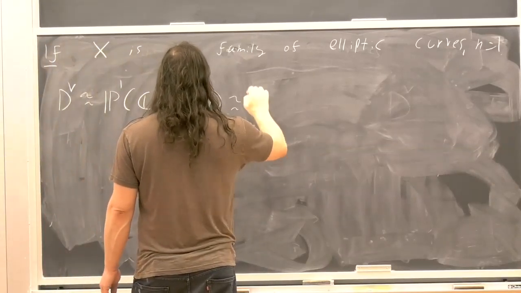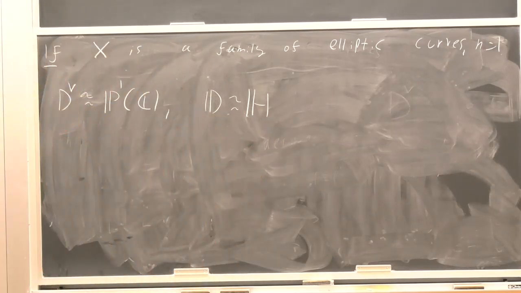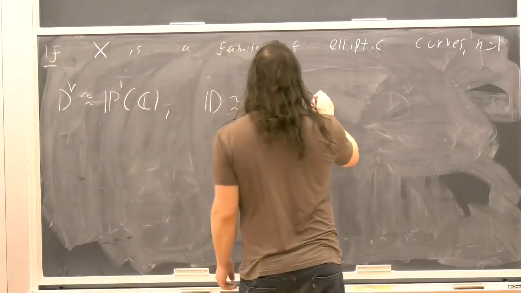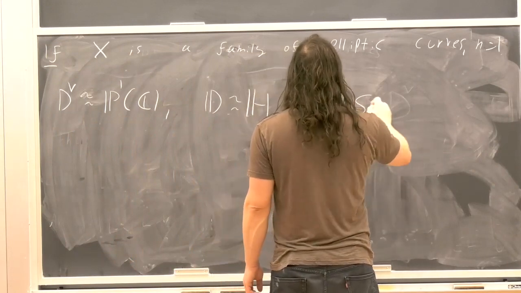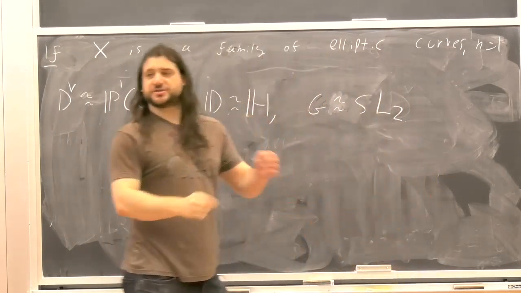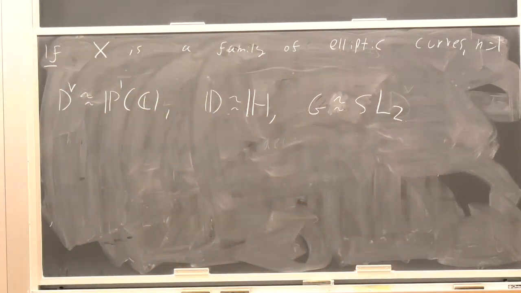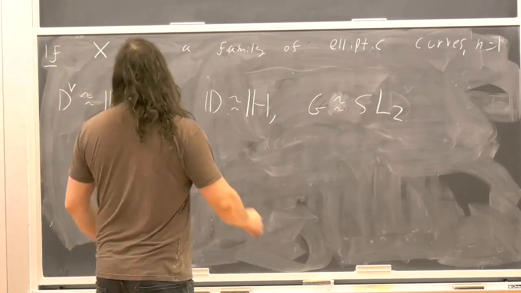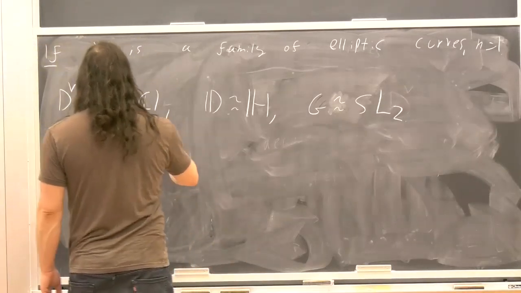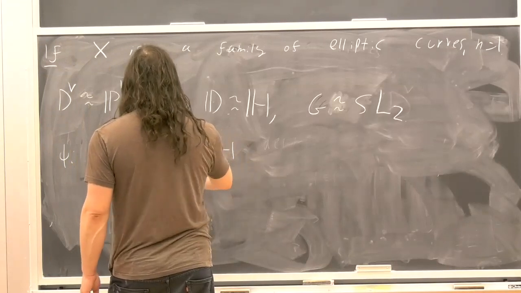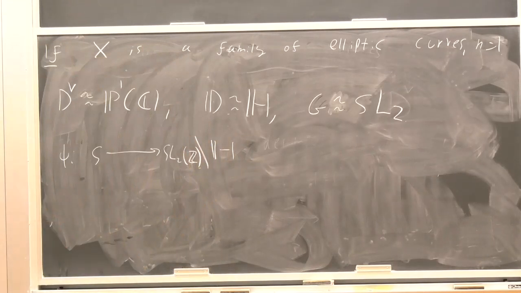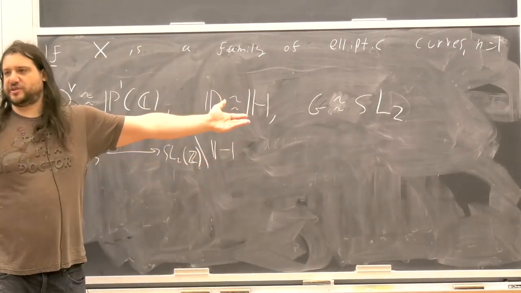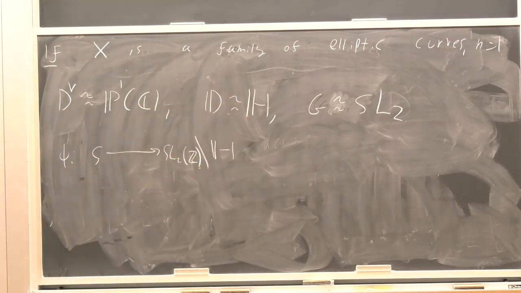D is the upper half plane, and G is just, again not super canonically, the algebraic group SO2. And so what do we get? In this case, we get a map from S to the upper half plane mod SO2Z, which was talked about earlier, which you can think of as just taking the J invariant, for example, or in some other way.